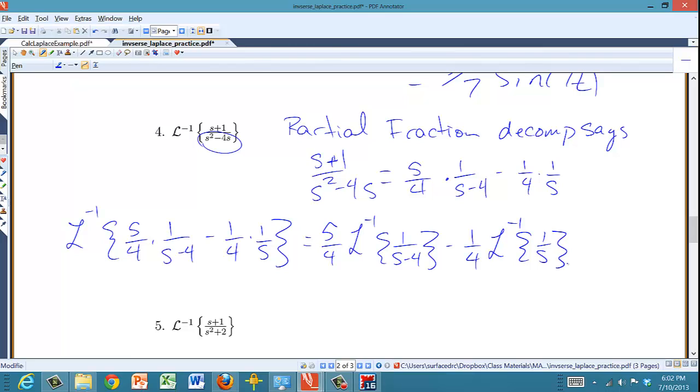And now we can look those up in the table. The inverse Laplace transform of 1 over s minus 4 is e to the 4t. The inverse Laplace transform of 1 over s turns out to be just 1. So this is 5/4 e to the 4t minus 1/4.